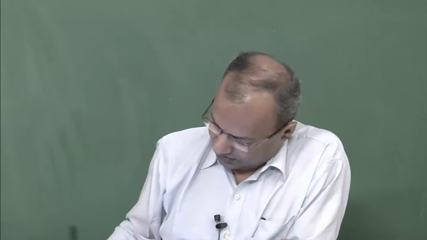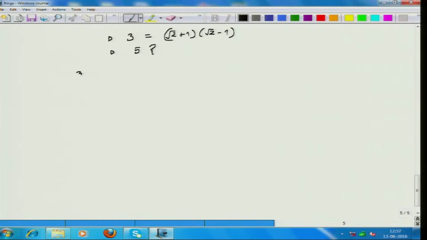For example, let's consider Z bracket square root of minus 5. In this, one can show that 2 and 3 are prime.